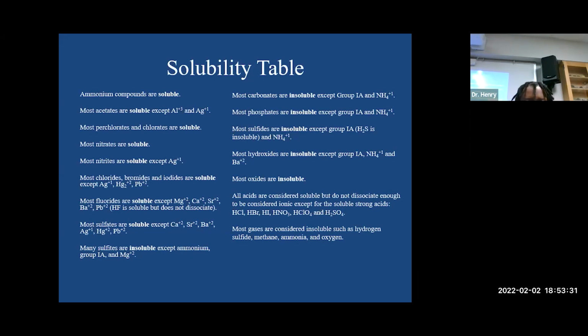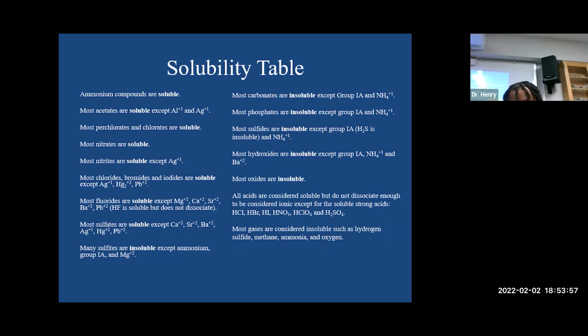And we know that hydrogen fluoride doesn't dissociate. Let's see. Most sulfates are going to be soluble except for group 2 metals and silver, mercury, and lead. I'm sorry, mercury 2, not mercury 1, mercury 2.